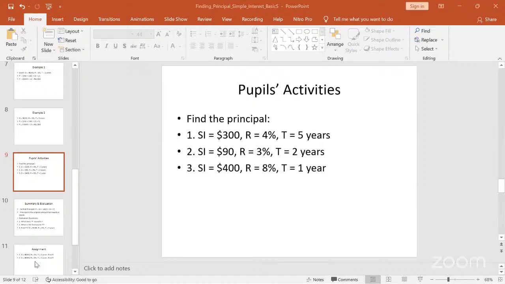Are you sure it's 1,500? Check it very well. The second one is 1,500. Yes, that is correct. What about the third one?